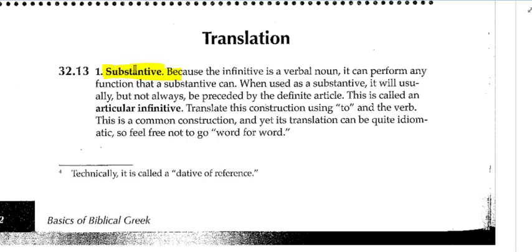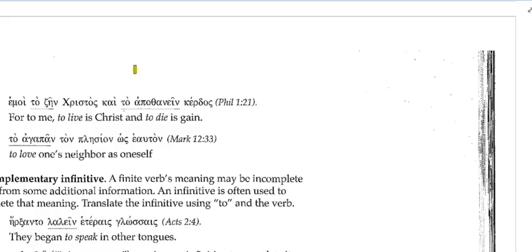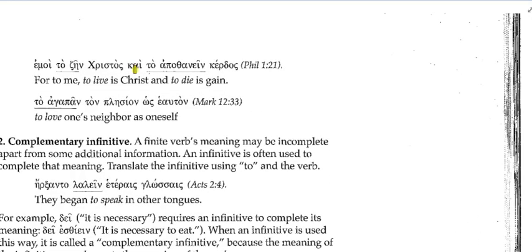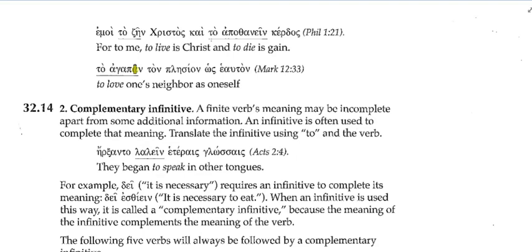So when it functions that way, as I mentioned, you could use the English infinitive translation to do something as the subject, or you could use a gerund for that as well. He uses the infinitive in English.